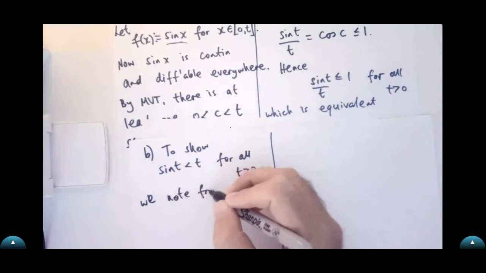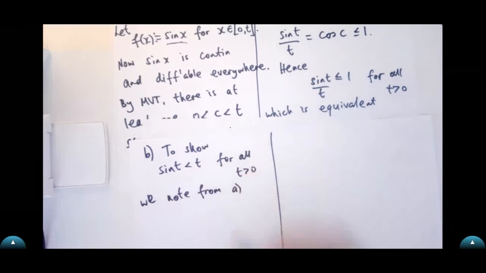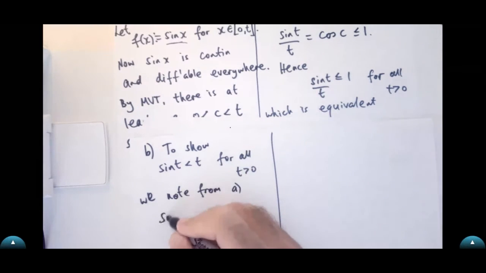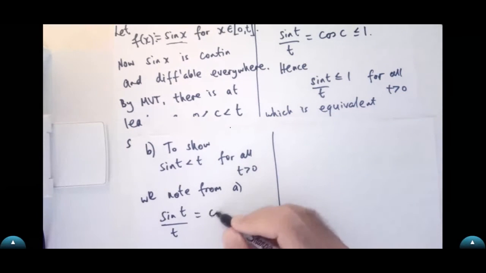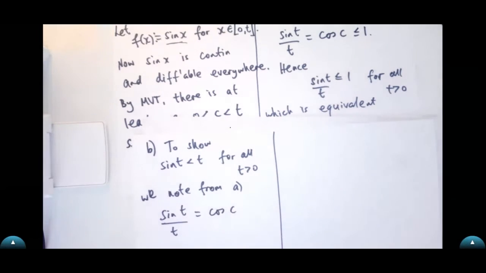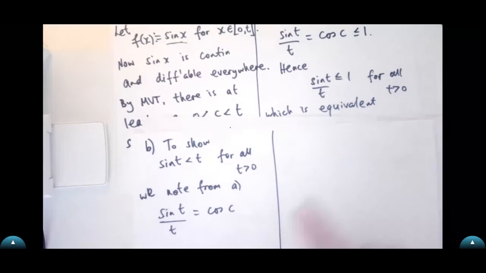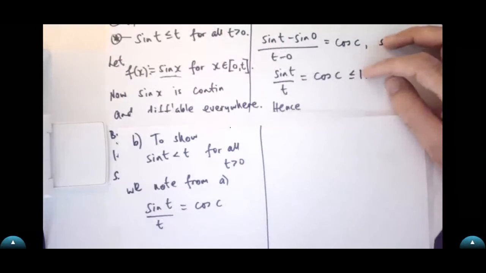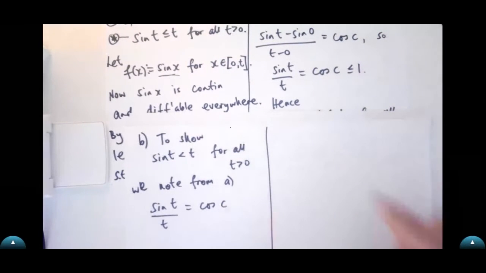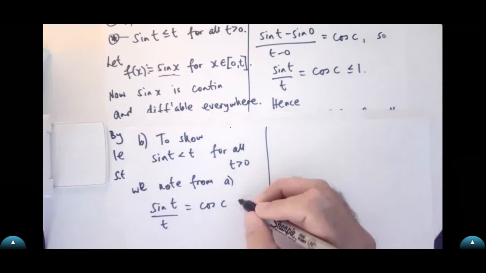We note from A that sine t over t equals cosine c. Now, as long as c isn't too big, cosine is not just less than or equal to 1, it's strictly less than 1.